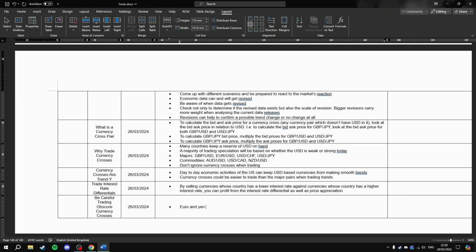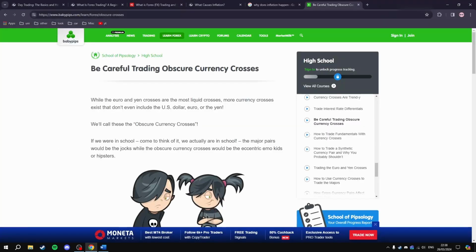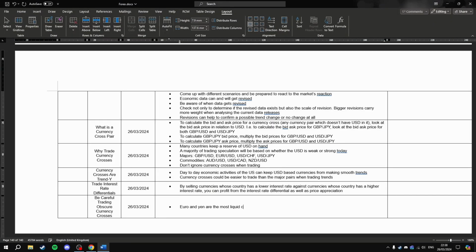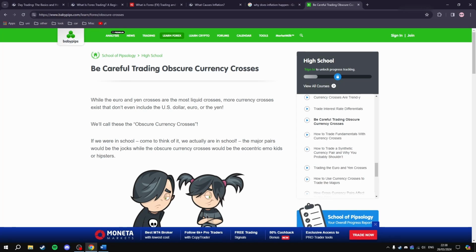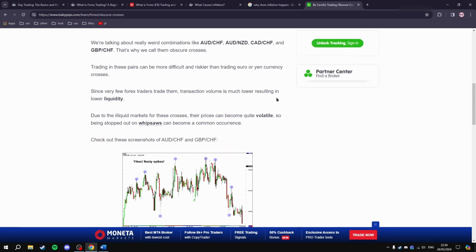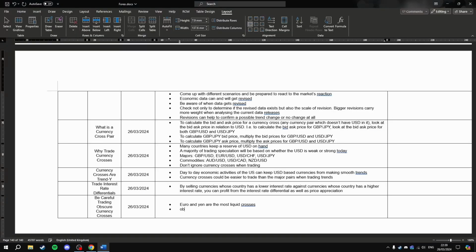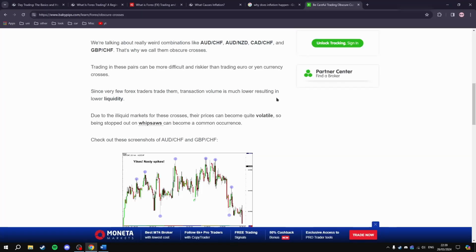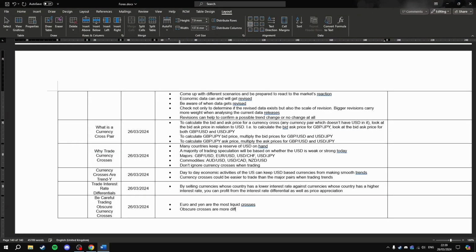Euro and yen are the most liquid crosses. Obscure crosses are more difficult and riskier to trade.